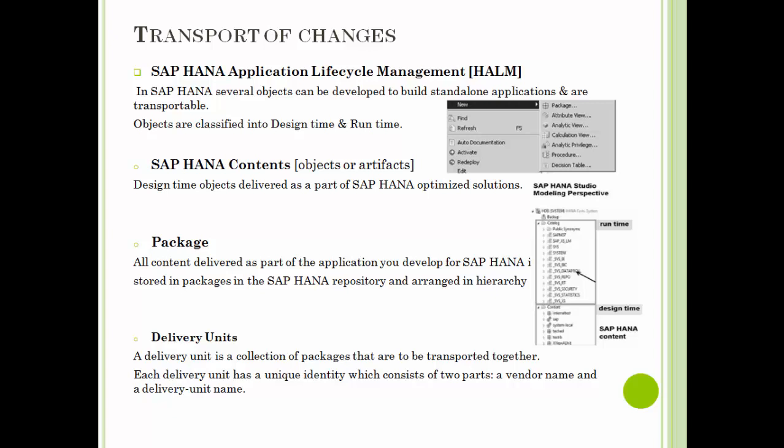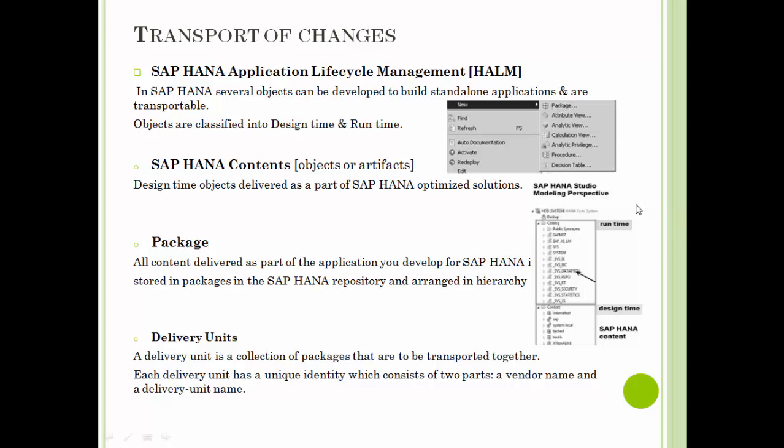In SAP HANA, several objects can be developed to build standalone apps and are transportable. These are the objects which could be design time and runtime. A picture of all these objects is shown here. This is a picture from the HANA Studio where you can create these sorts of objects. And the picture here shows what is runtime and what is design time.